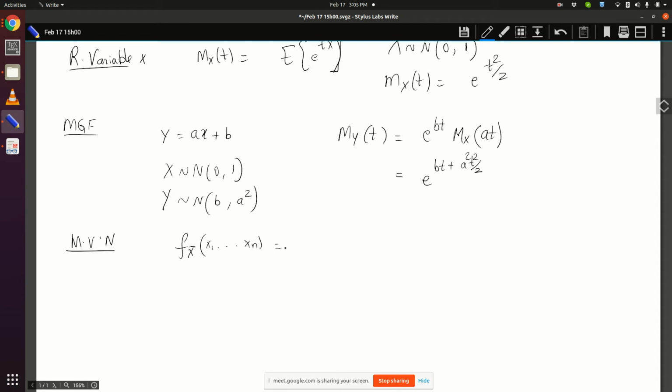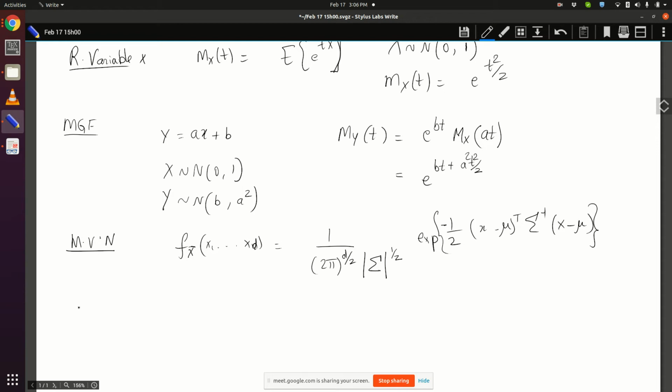This density is of the form 1 over (2 pi)^(d/2) times the determinant of sigma to the power of half, times e to the power of negative half (x minus mu) transpose sigma inverse (x minus mu), where x and mu are vectors. This is the multivariate Gaussian. We have seen this earlier, but since we are starting after some time, I'm explaining again.